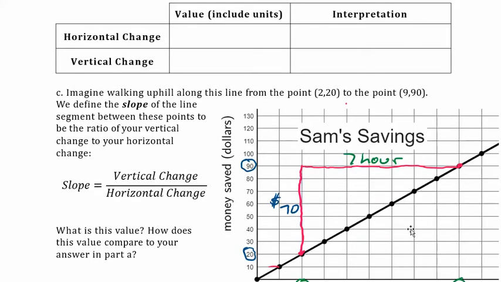All right, let's go fill in our table. So the horizontal change was 7 hours, and the vertical change was $70. And so the interpretation would be we have an increase of babysitting time of 7 hours.